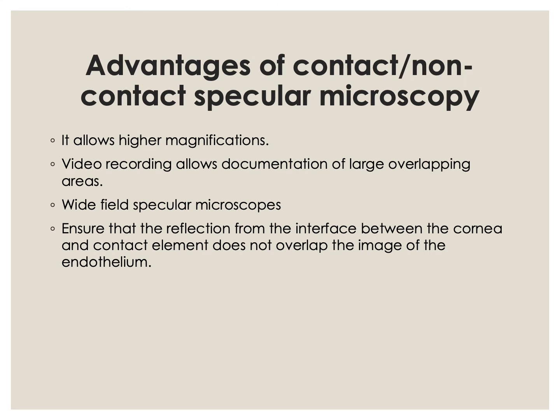The advantages of using contact compared to non-contact specular microscopy: usually contact microscopy allows higher magnification. Also, it allows video recording and documentation of large overlapping areas with a wider field of examination, and it ensures that the reflection that comes from the interface between the cornea and the contact element does not overlap the image of the endothelium.